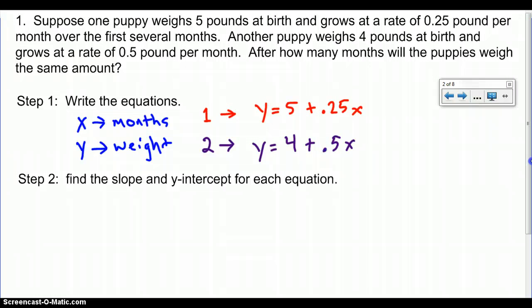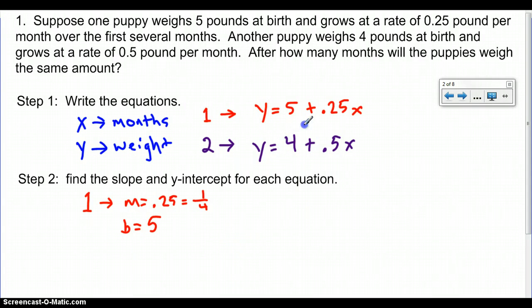Okay, step 2 says to find the slope and y-intercept. Really what this is about is we're trying to graph, so we need to know how to graph those lines. So for the first one, our slope would be 0.25. Now keep in mind, 0.25 is 1/4. You're more used to seeing your slope written that way. Your y-intercept is 5.